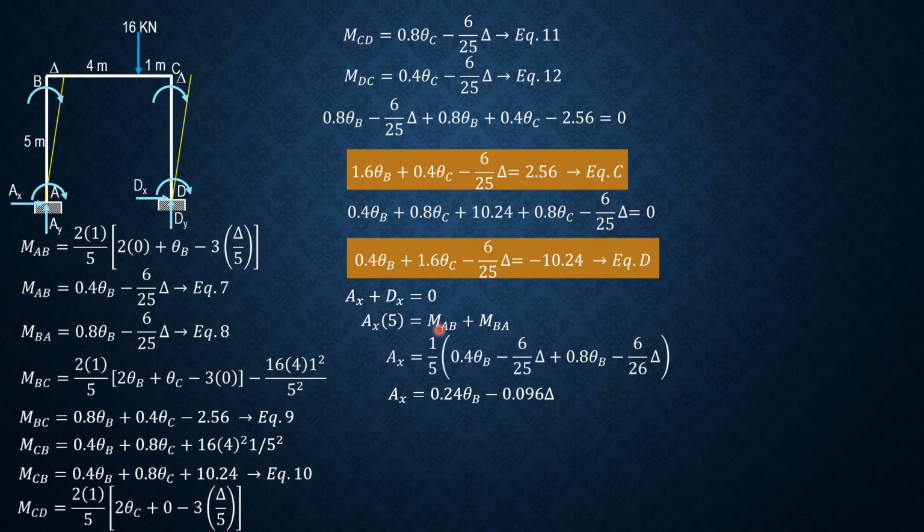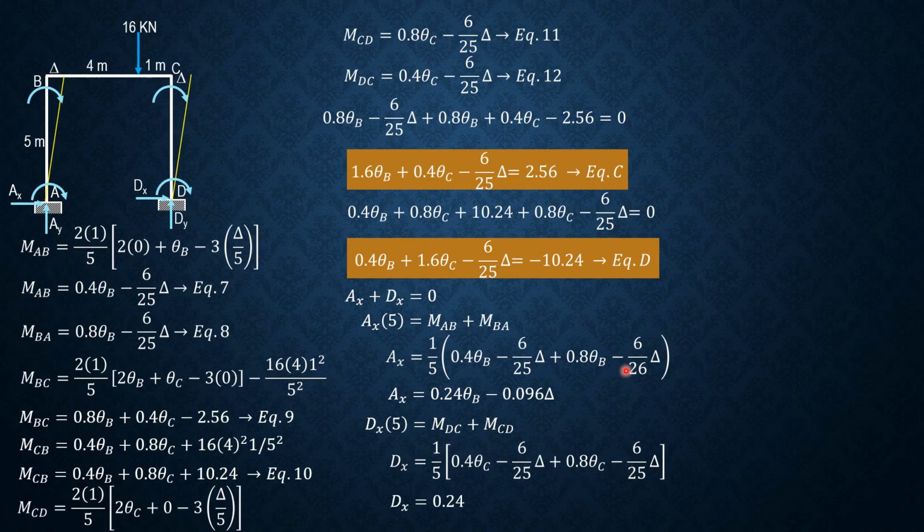Then likewise, summation of moment about C equals 0. Imagine this is isolated as a free body. So DX times 5 equals MDC plus MCD. So DX is 1/5 of MDC, which is 0.4 theta C minus 6 over 25 delta, then plus MCD, 0.8 theta C minus 6 over 25 delta.